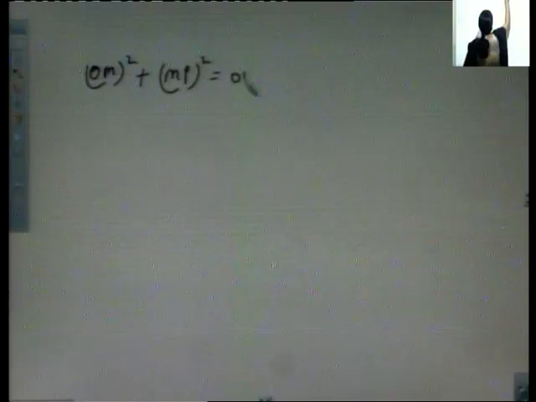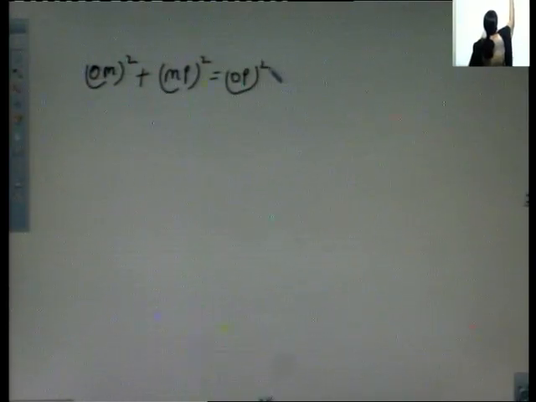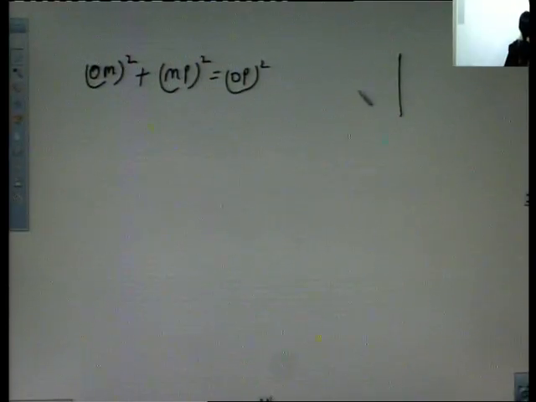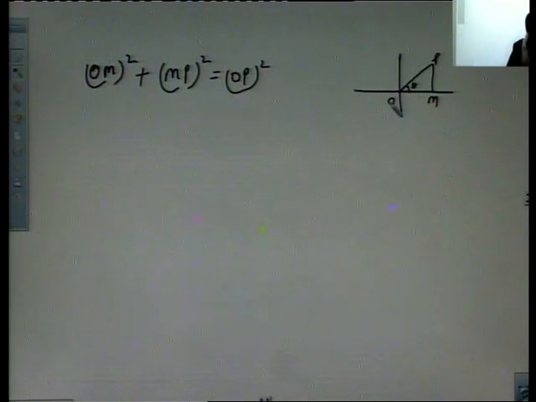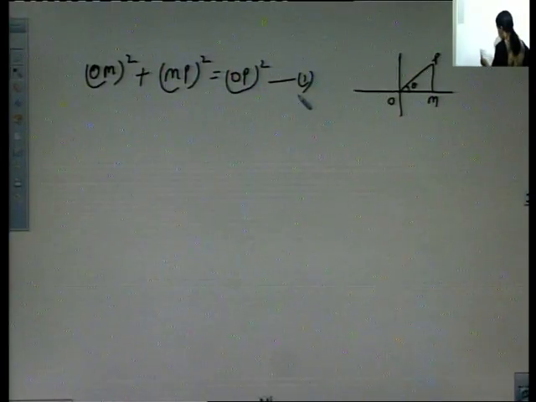I will write again: OM square plus MP square is equal to OP square. This is equation 1.